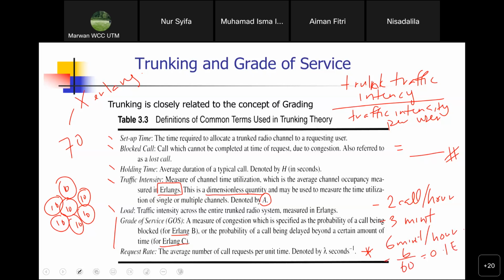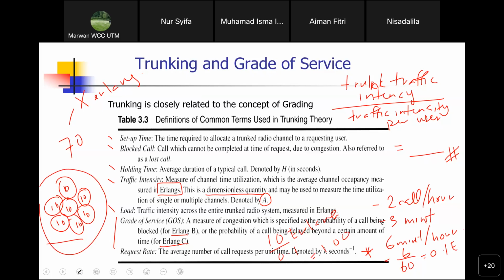So if the trunking system has 10 Erlang, what does it mean? It can serve 10 divided by 0.1, about 100 users, because one user only requires a traffic intensity of about 0.1, and this trunking system is able to provide up to 10 Erlang.